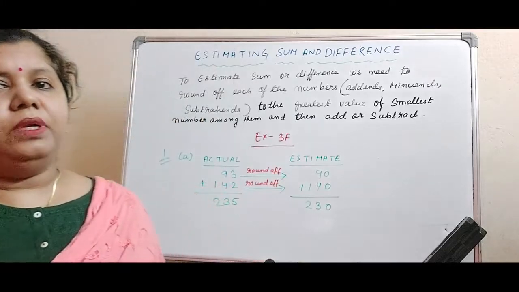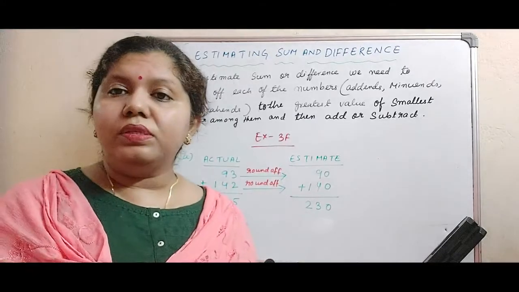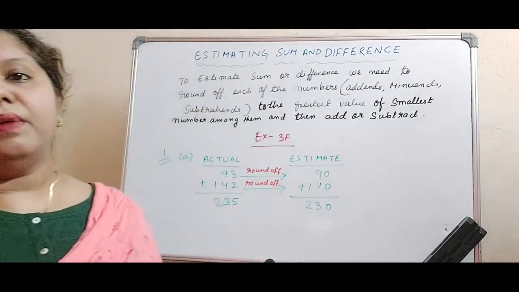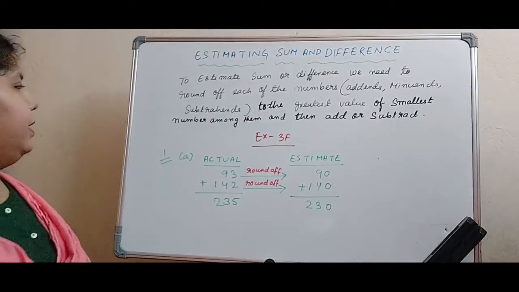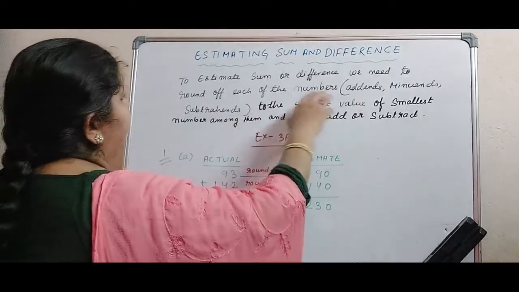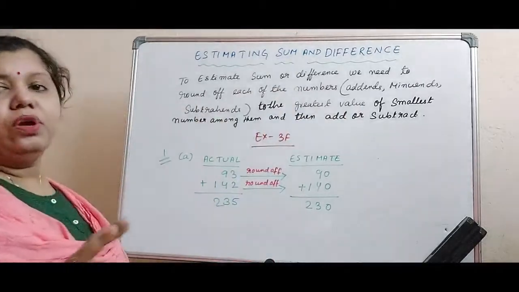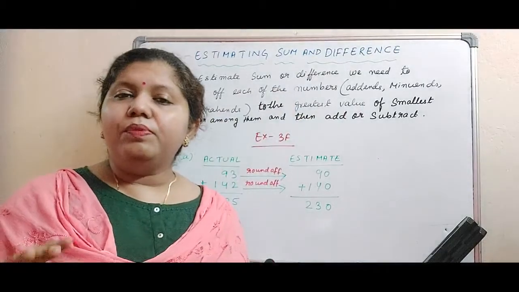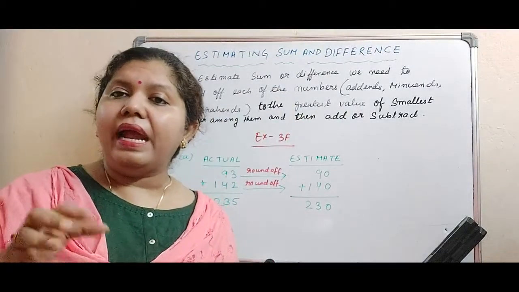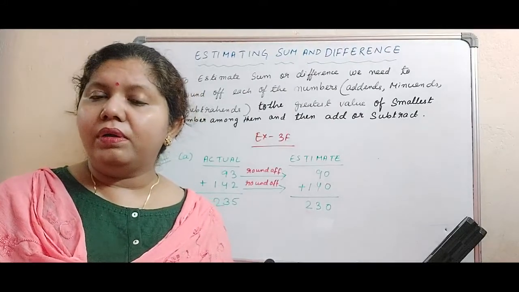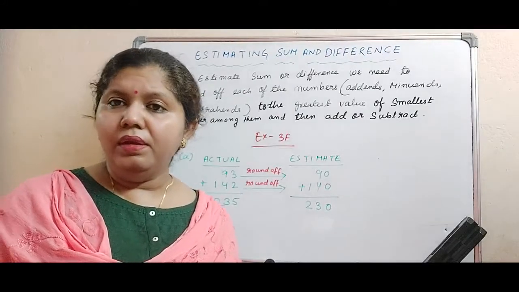Now in this chapter, what is the process to estimate sum and difference? It is written here. To estimate sum or difference, first of all we have to round off each of the numbers. Suppose we are adding, then we have to round the addends.